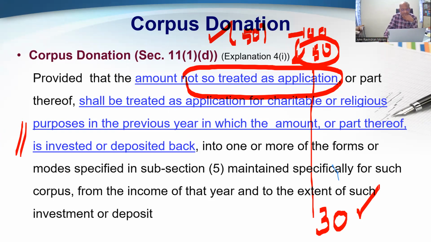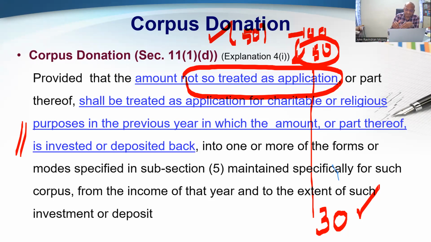So for corpus donation, the conditions are: first, you should get a specific letter saying that this is corpus. Number two, you should deposit this money in 11.5 mode. Then only will you get corpus. Supposing out of corpus you spend on your activities as application, so much of the amount that you spend as application is not allowed as application.